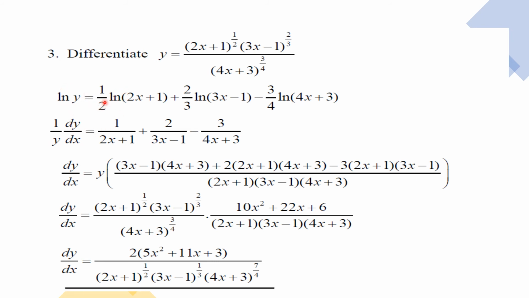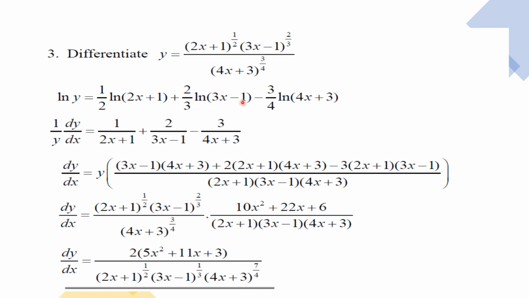Differentiating this gives you 1 over 2 multiplied by, when you differentiate ln f(x), it is f prime x over f(x). So it is 2 over 2x plus 1. So half multiplied by 2 over 2x plus 1 simplifies to 1 over 2x plus 1.